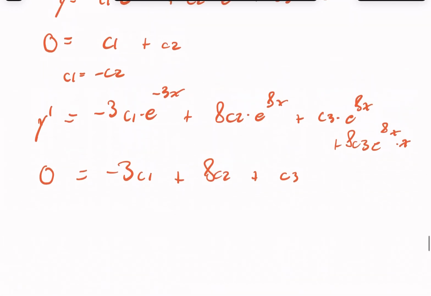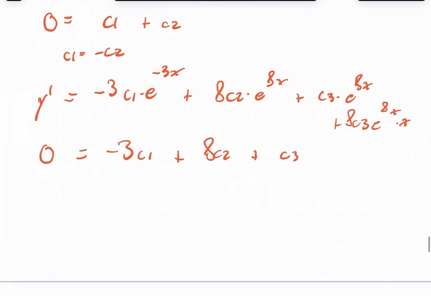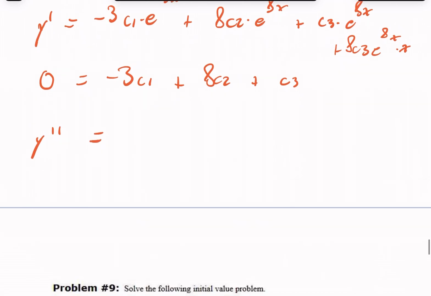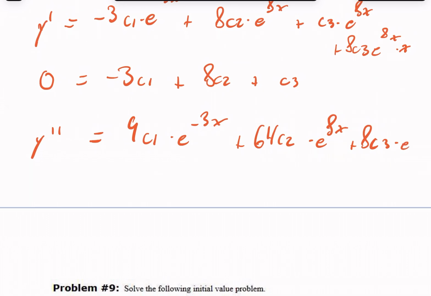Okay, and what I'm going to do this time around, I don't really have to plug in c1 here at this point, because even if I did, I still have c3 to worry about. So we're just going to keep going to the final derivative, and this is 9c1 times e to the negative 3x plus 64c2 times e to the 8x plus 8c3 times e to the 8x plus 8c3 times e to the 8x plus 64c3 e to the 8x.